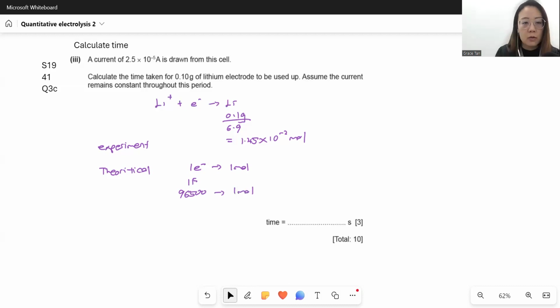Currently you only have 1.45 times 10 to the power negative 2. So how much quantity of charge is passed? Let's put this as X. X equals 1.45 divided by 1 times 96500.